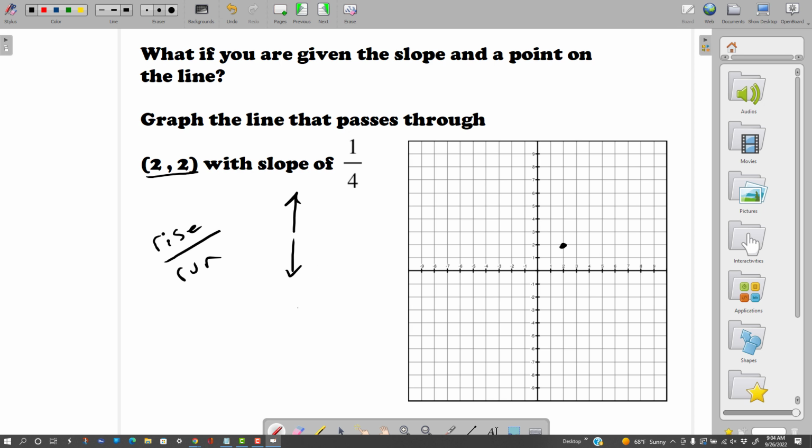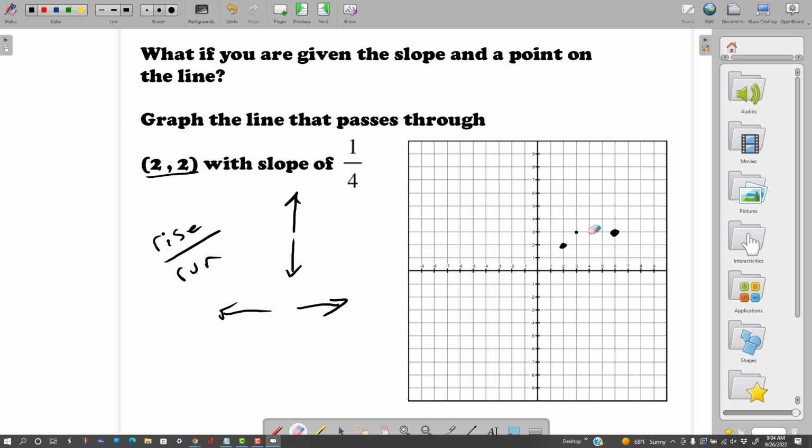Run meaning do we go left or right from the starting point. So with the slope of 1/4, this means that we would go up 1 hash mark and forward 4 hash marks. Up 1, 1, 2, 3, 4 for that hash mark.